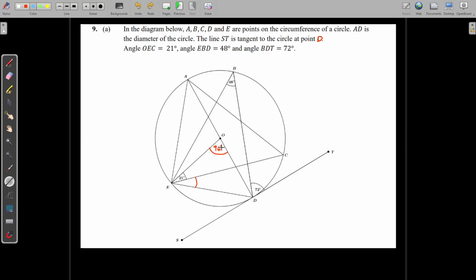So this is 96. What is this angle here? 42. So if that's 42, all of this is 42. And if all that is 42, this piece is 21. So what is this piece? 21. Very, very easy.